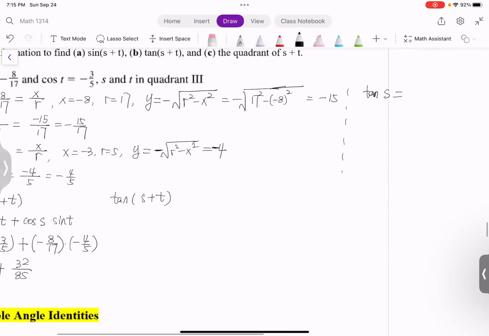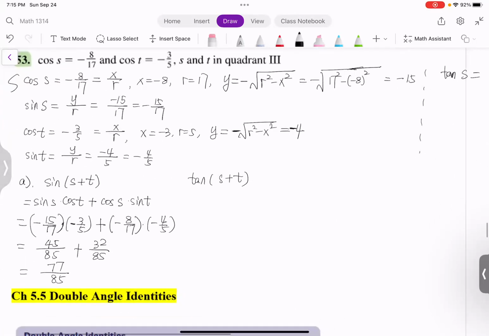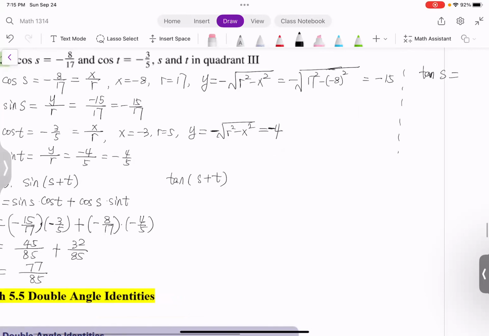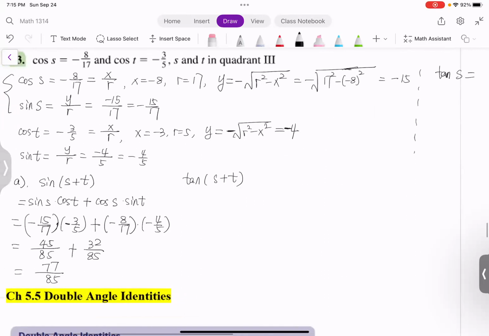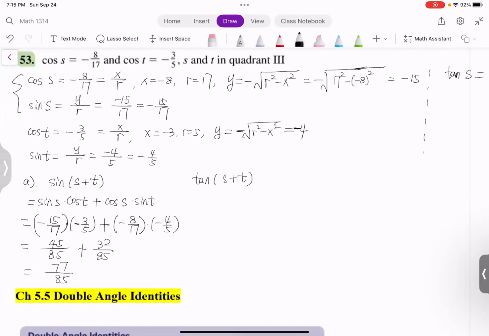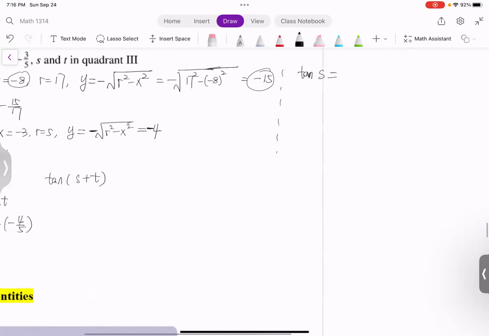Okay, the s is from here. So let's find the y over x. So the y is negative 15, x is negative 8. So we are having positive 15 over 8, because negative 15 over negative 8 is positive 15 over 8.